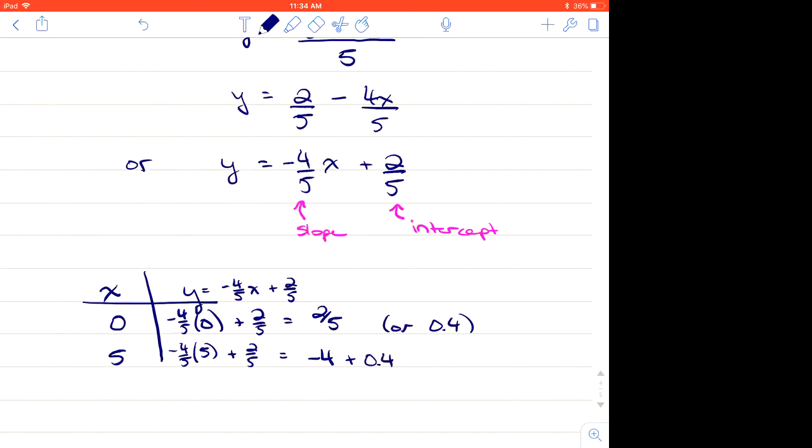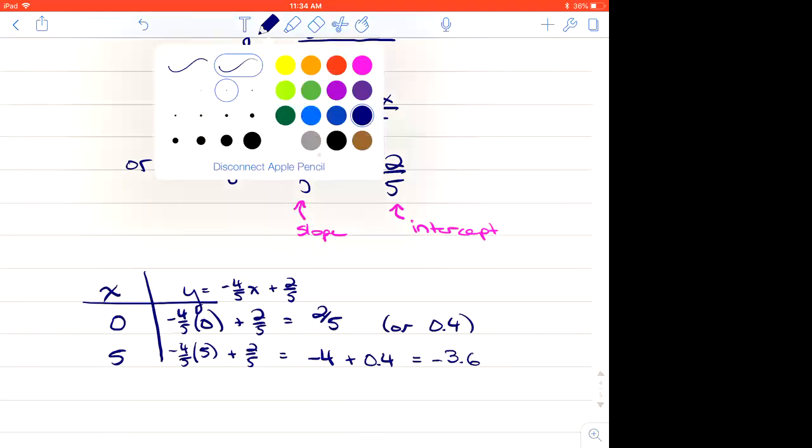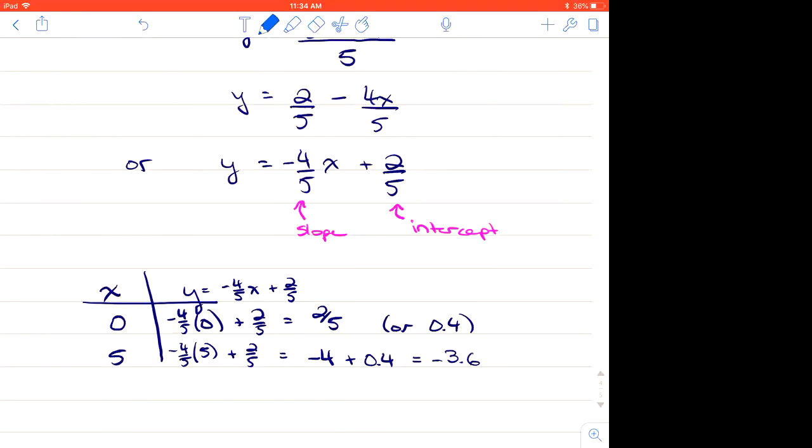You can keep it as a fraction if you want, but because we already know that it's a nice decimal, let's just work with that. It's easier to look at. Negative 4 plus 0.4 makes negative 3.6. Cool. So just as ordered pairs, we've got 0 and 0.4 and 5 and negative 3.6.